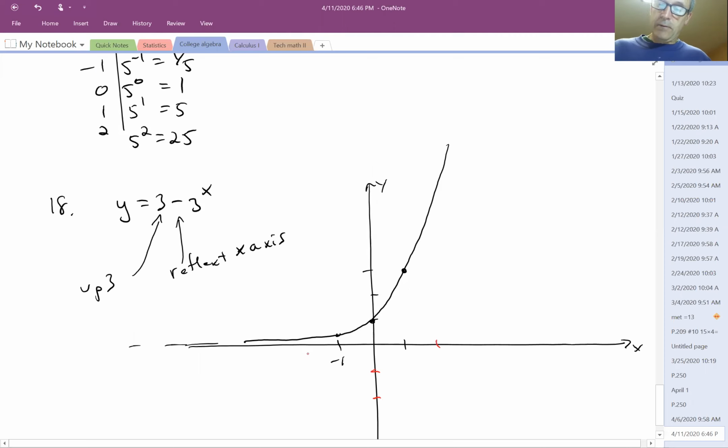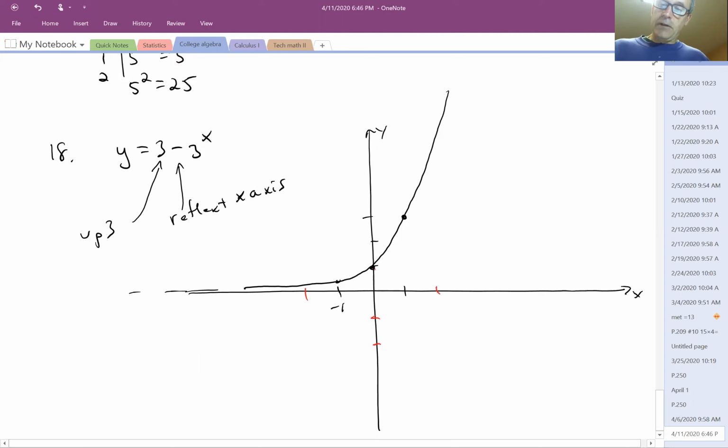Can you do that? Let's take the point right here. See my pen? Let's take that point, reflect on the x-axis. It's going to go down here. Then it's going to go up 3. 1, 2, 3. It's going to land right there. Take this point up here on the right. Reflect it on the x-axis. So it's going to go all the way down here, then up 3. Take this point over here.